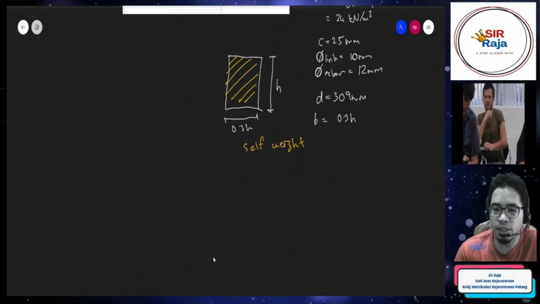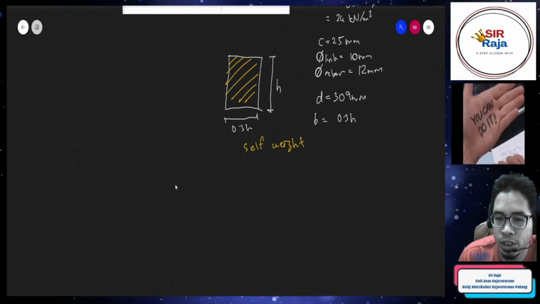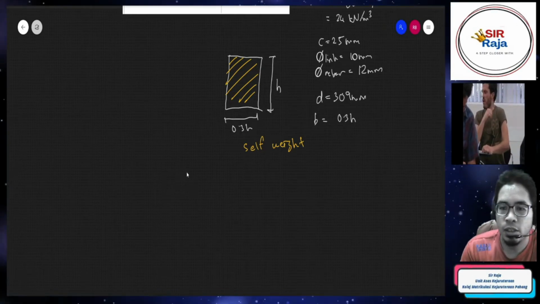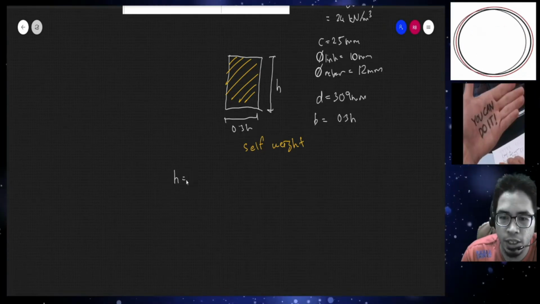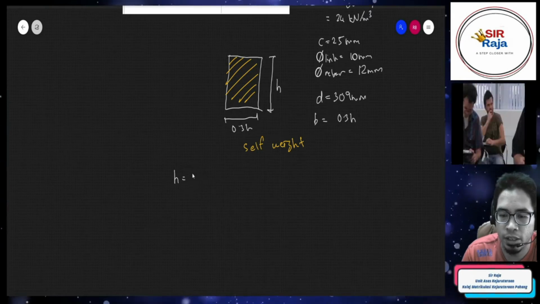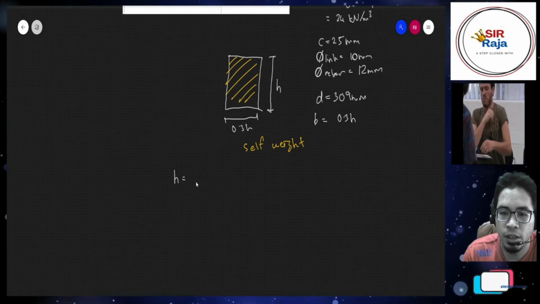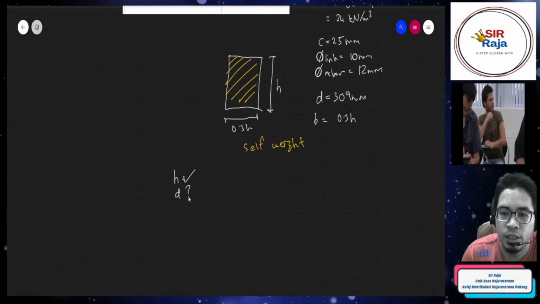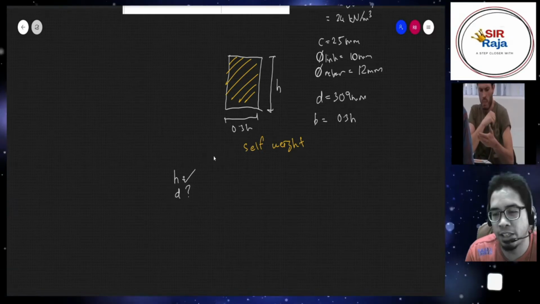So what is H? Normally, the question gives you H first, and then you have to find D. That is the typical one. But in this question, it's vice versa.